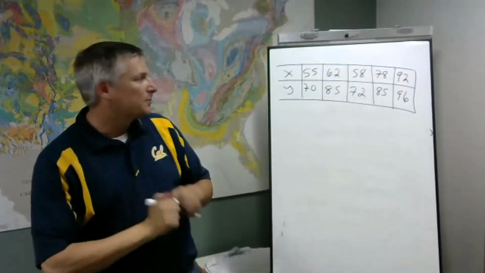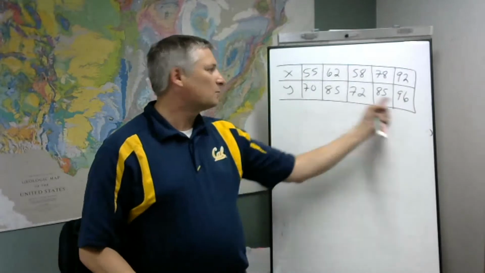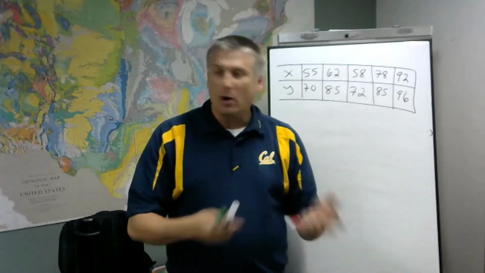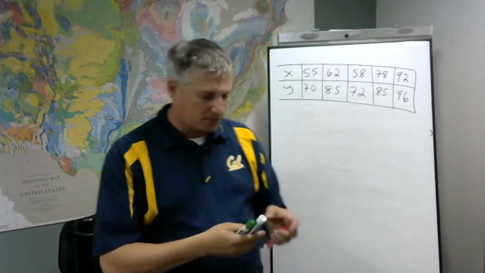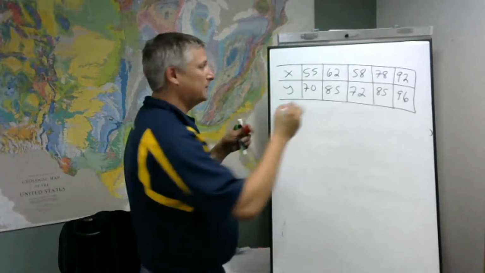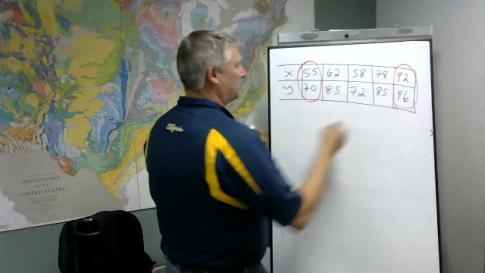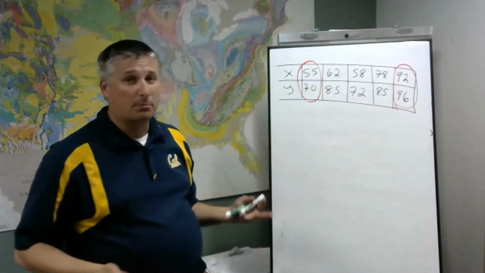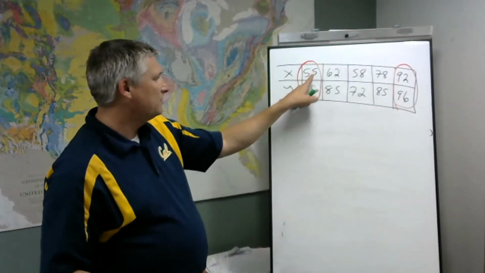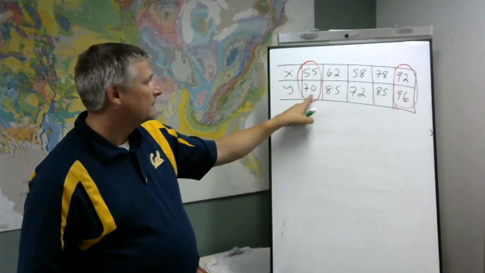You'll get some problems that have some X values and Y values, and they'll want you to construct a model using those. What they'll usually tell you to do is use 2 points. Say this one and this one. These actually are points: X value, Y value.